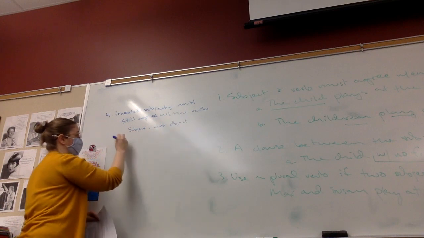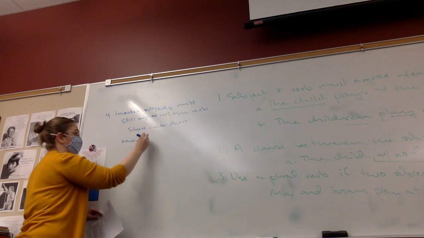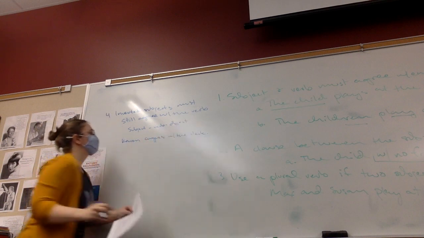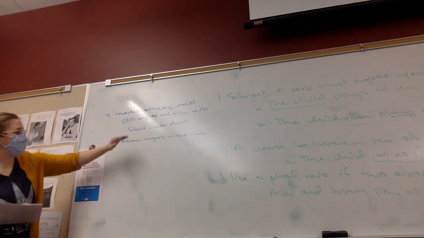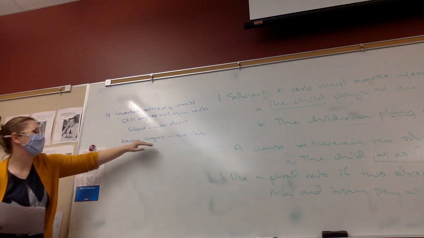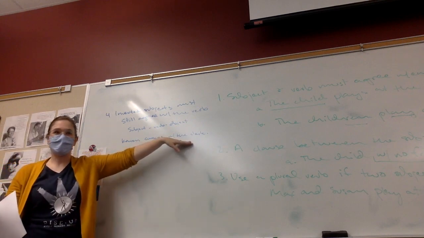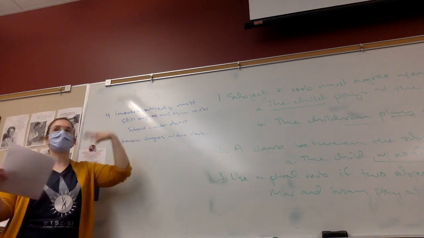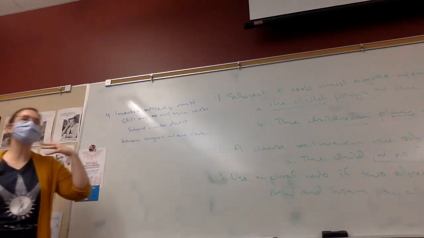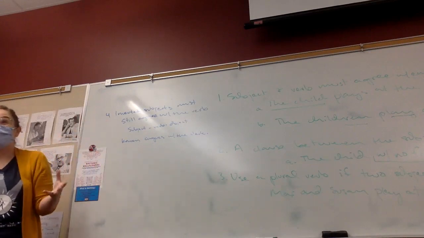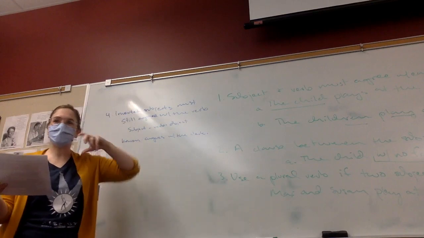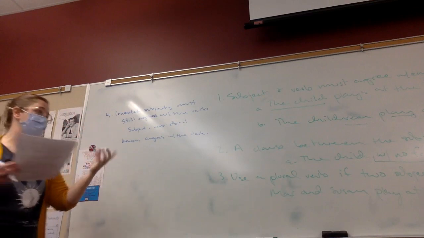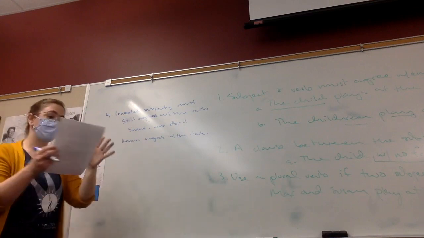So something like Karen argues with the clerk. You have a subject, a verb, and then the object, the person she is arguing with. That's the normal order, but you can flip that in English. You can say, with the clerk, Karen argues. It sounds weird, but we are allowed to change up some word order. And even if you change that up, you still need to make sure that your subject and your verb agree.